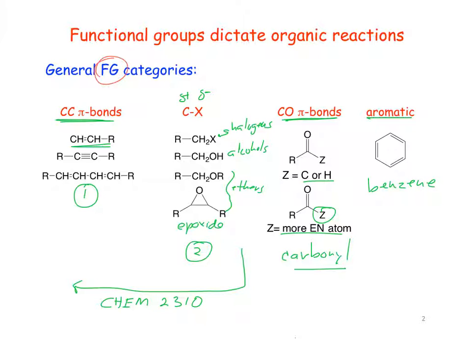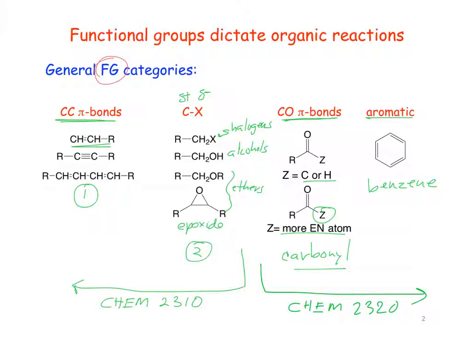Even though benzene has carbon-carbon double bonds, which you would think would put it over into this category, when we have this arrangement of a ring with alternating double bonds, it gives benzene a different type of reactivity, so we talk about it separately. So this part is chemistry 2320, plus some other things.